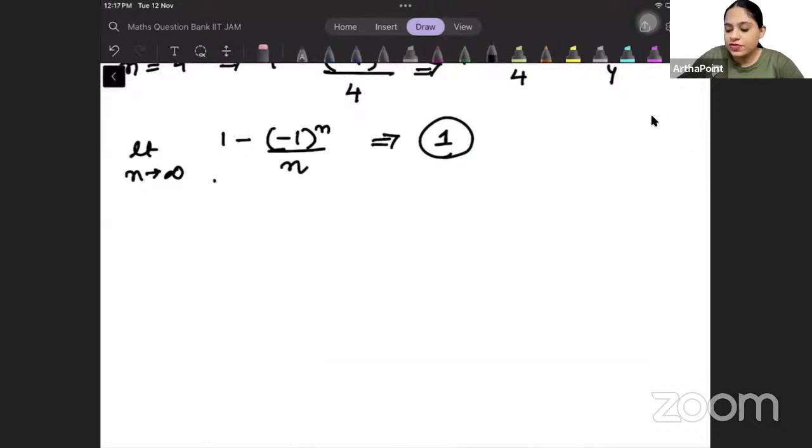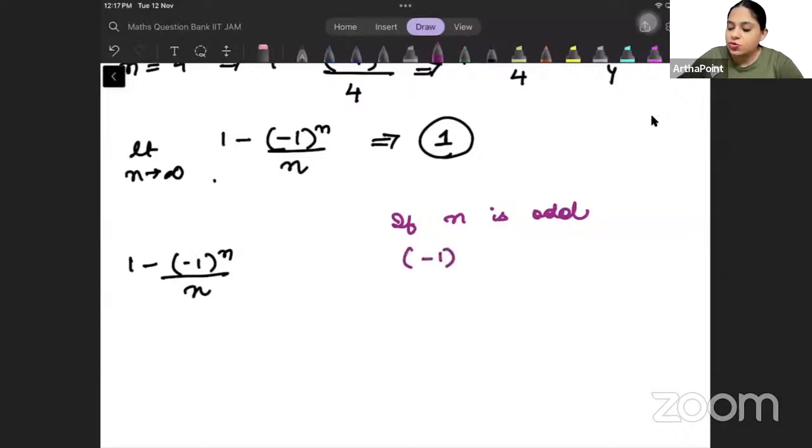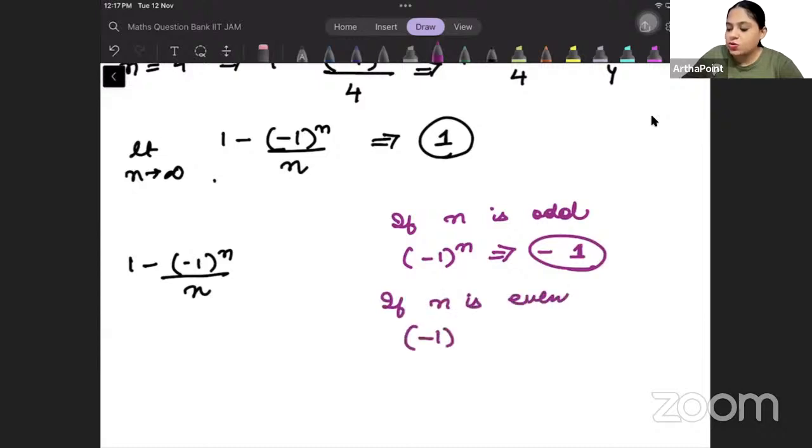So, you know, when I say 1 minus 1 to the power n by n, see, if n is odd, if n is an odd number, right? So we know that minus 1 to the power n is simply minus 1 because its power is odd. And if n is even, so we know minus 1 to the power n will be simply 1.